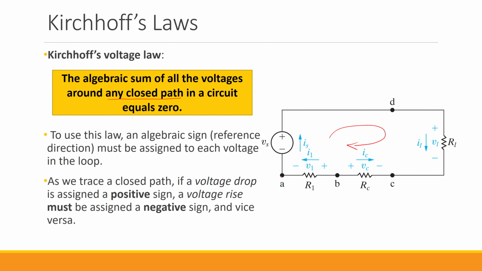Let's say we start from node A, go clockwise, and then come back again at node A. Anytime that you hit a negative sign first, you consider that voltage with a negative sign. So I go from here to the first element, which is an independent voltage source.